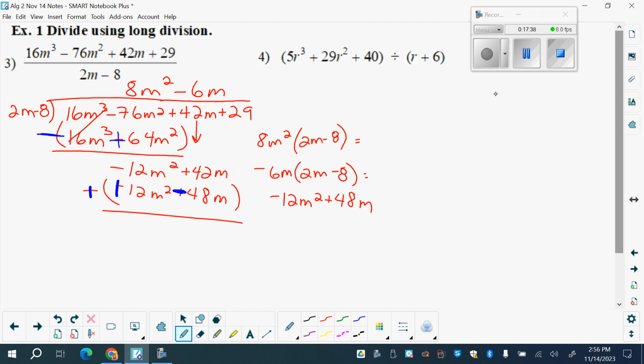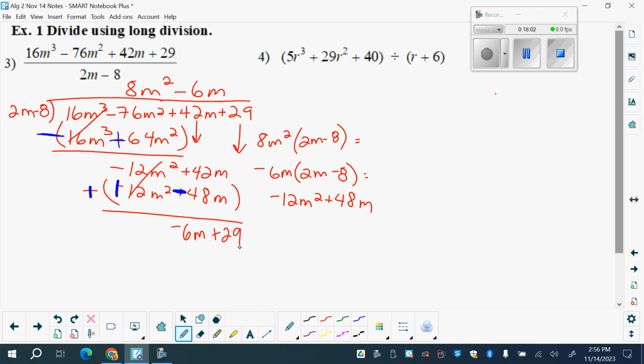And then what do I get when I add those? Kylie, what do I get when I add these? Negative 6m, that's right. And then what do I do next? Bring down the 29.